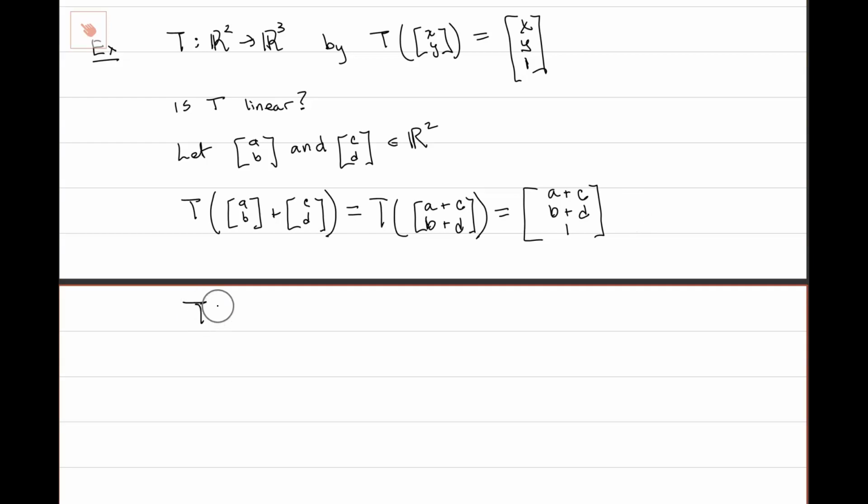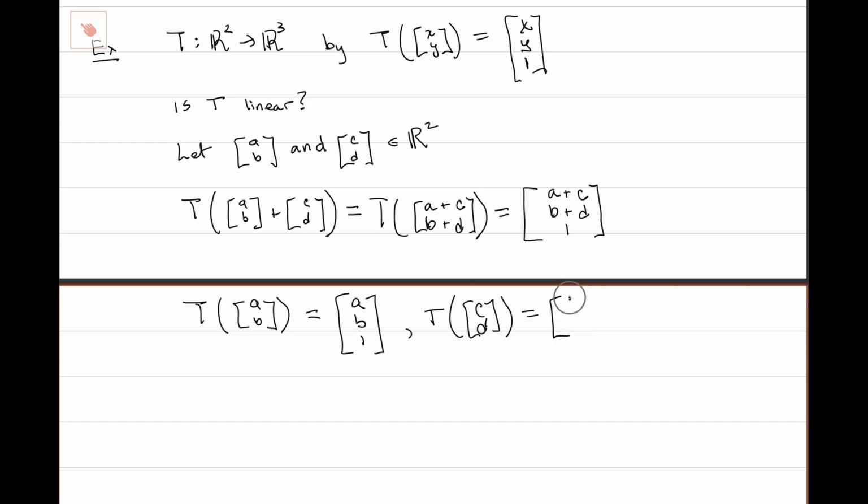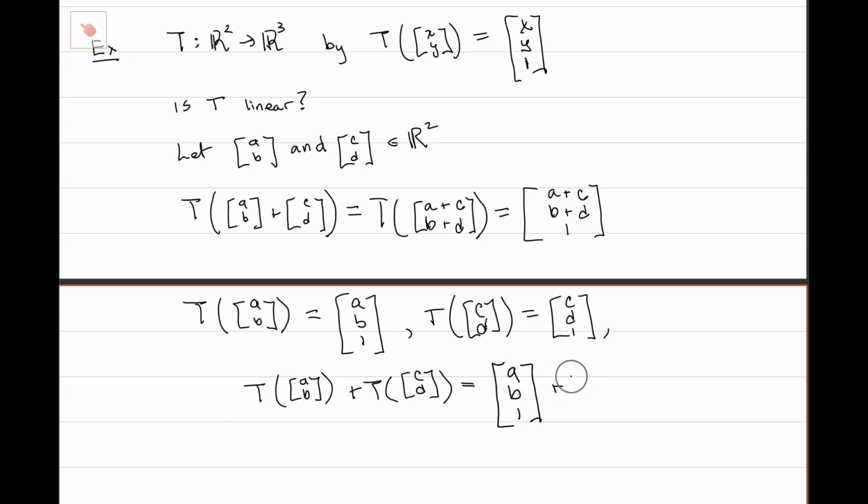So we know from the rule, T of (a, b) is equal to (a, b, 1), and T of (c, d) is equal to (c, d, 1). The sum of these two things is (a, b, 1) plus (c, d, 1).